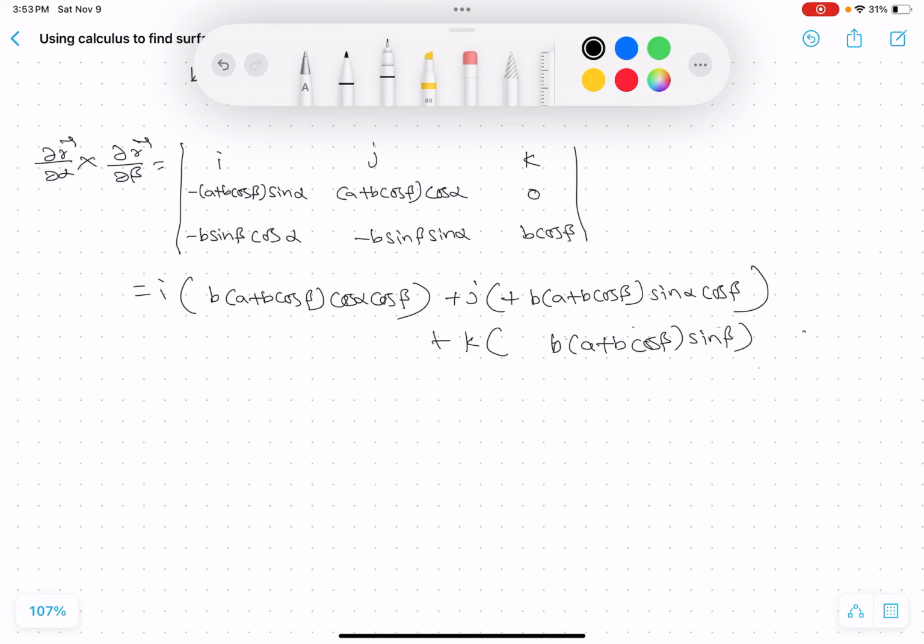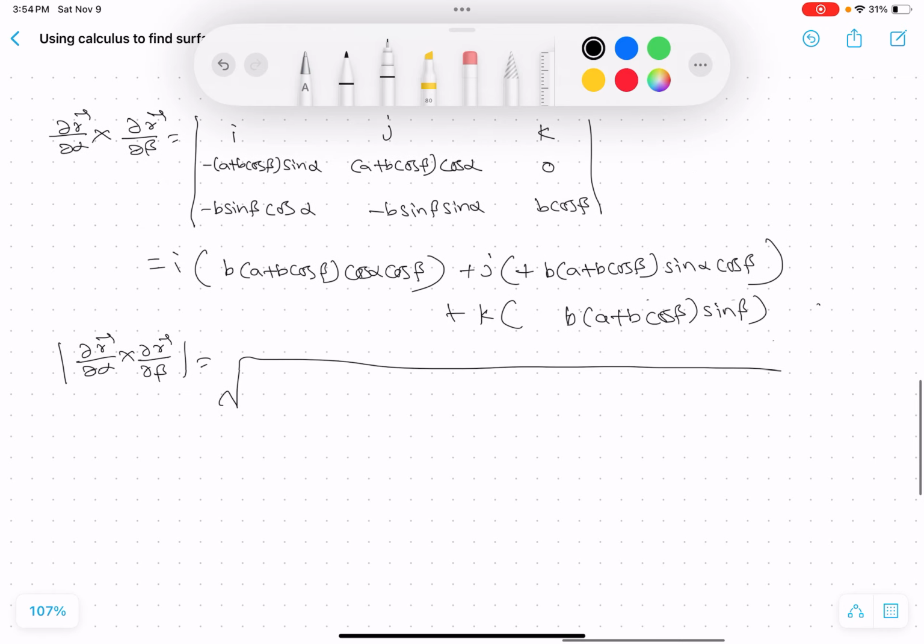Now if I take the magnitude of this cross product, it will just be the square root of, and notice that this b times a plus b cos beta is the same everywhere, so everywhere there will be the square of this thing, so we will just take that common in the beginning itself, because its square will be in every component, right? Now over here there is cos square alpha cos square beta plus sine square alpha cos square beta plus sine square beta, right?